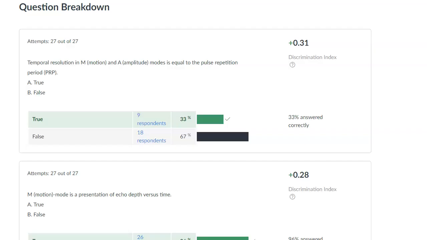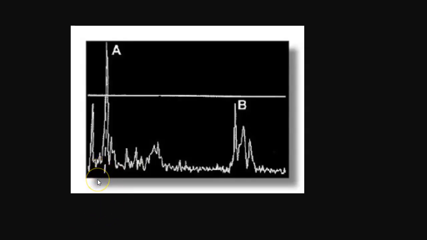So now let's take a look at an amplitude mode image and see what it tells us. So this is an amplitude mode image, and it is showing us the amplitude with respect to time or depth. And so the amount of time, or the temporal resolution, to obtain this single scan line is exactly the PRP, because it is one scan line.